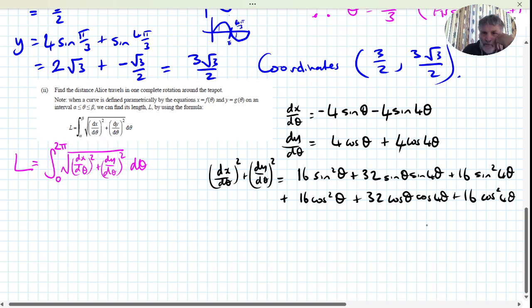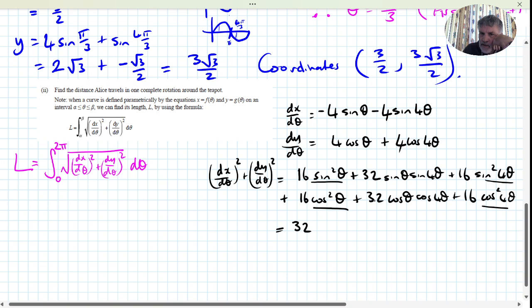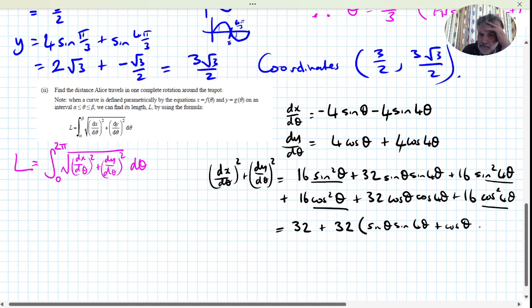And just as in the previous part, these cosine squared plus sine squared terms add to 1, so we get 16 here and another 16 over here, so that gives us 32. There's also 32 in front here, and then we have sine theta sine 4 theta plus cosine theta cosine 4 theta.